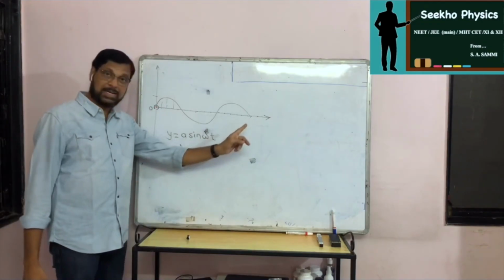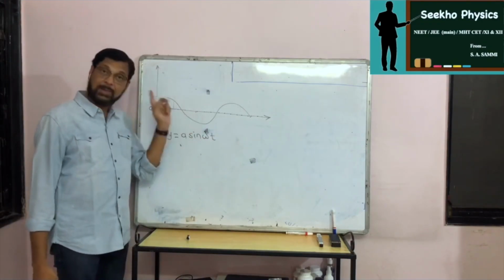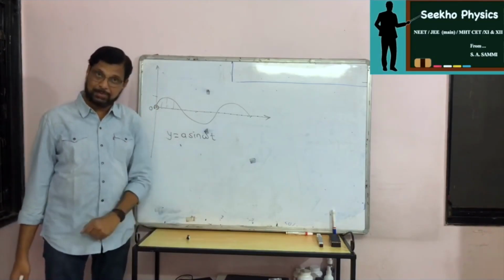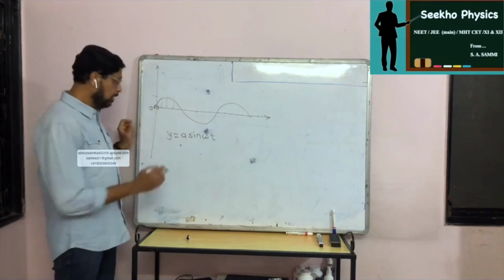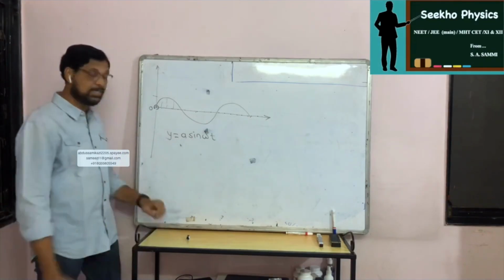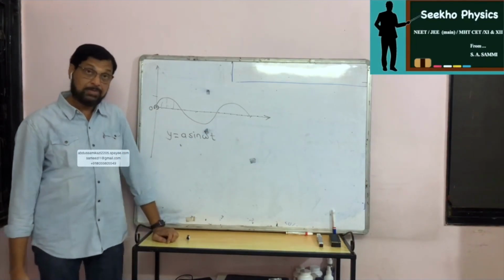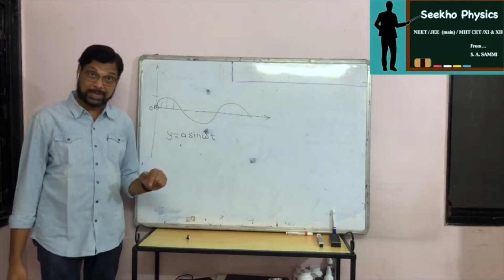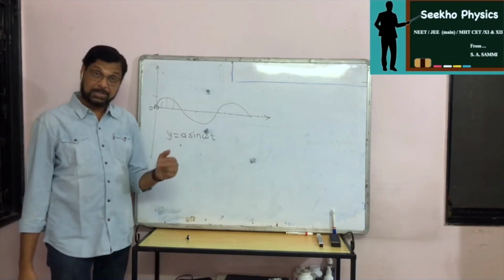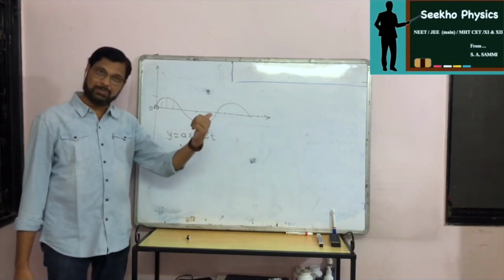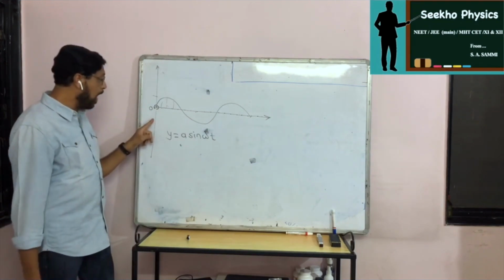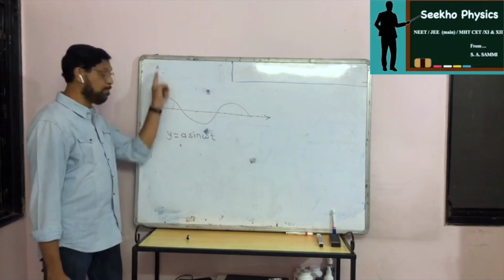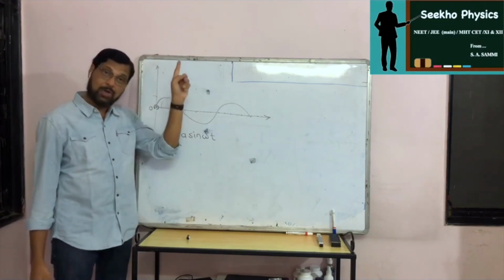For all the particles, the motion starts from the mean position, so alpha is equal to 0. We have taken y in place of x. In oscillations, the equation was x is equal to a sine omega t, but now it is y, because the displacement of the particle is shown on the y-axis.